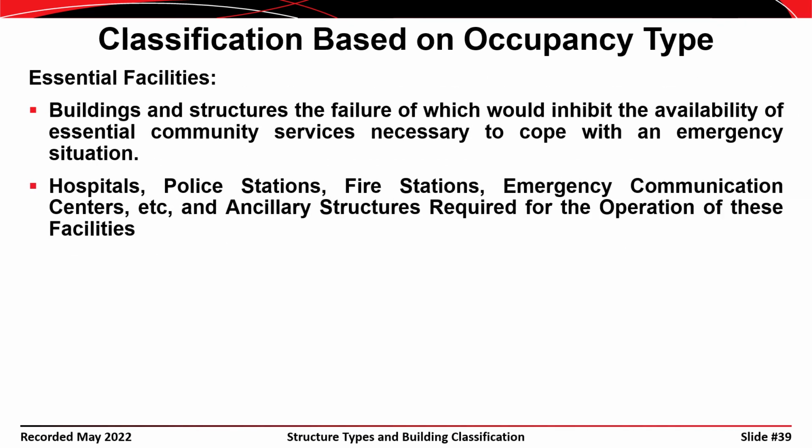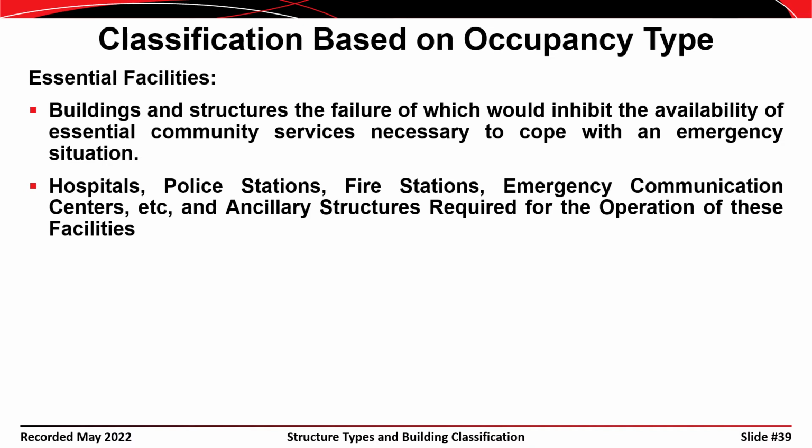Some general concepts regarding occupancy type, though. The first are essential facilities. These are buildings and structures that would be necessary to the community to respond to a natural disaster or some type of emergency situation. So you want to be thinking about hospitals, police stations, fire stations, communication centers, things of that nature.